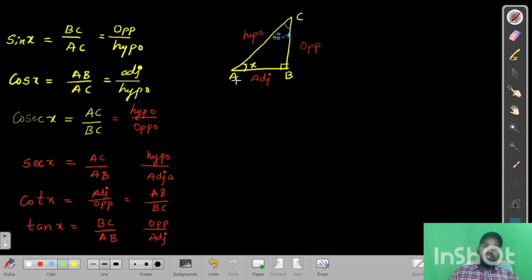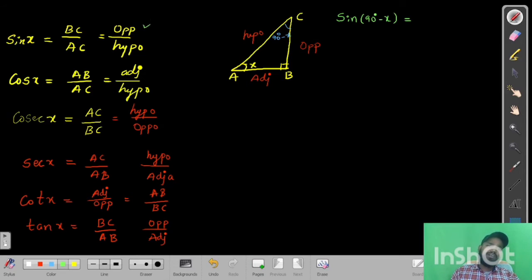See, now we are finding sine of 90 minus x. I will write a little bit upside. Sine of 90 minus x, as per this, 90 degrees minus x is angle C. So what is the sine formula?